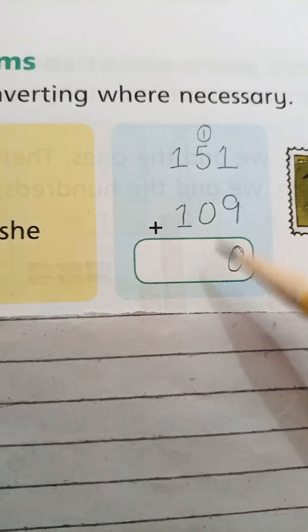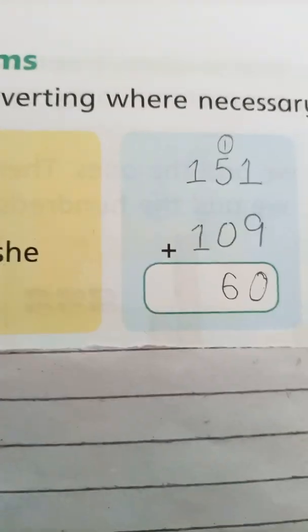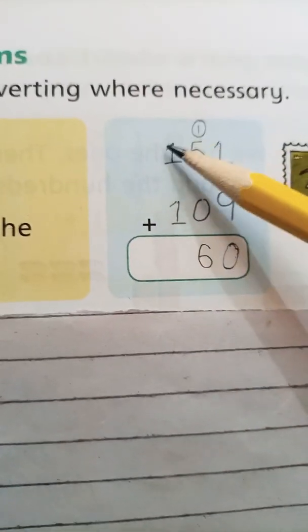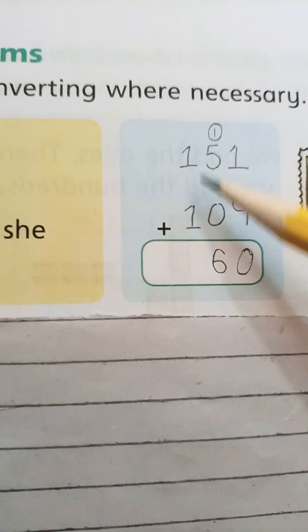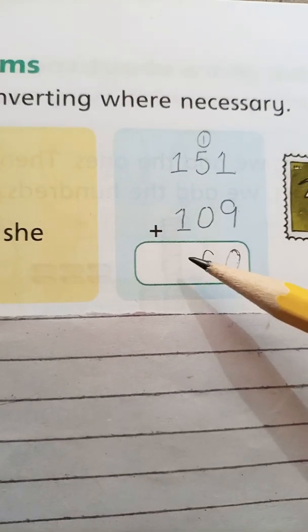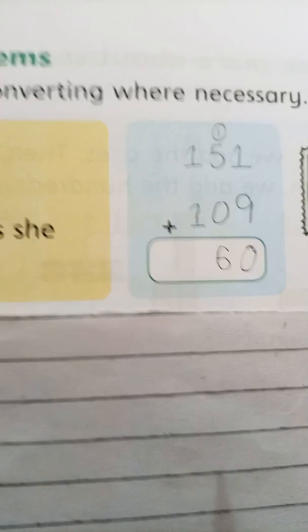Now I will add the 5 and the 1. 5 plus 1 is equal to 6. So I will write the number 6 here. Next is the turn for the hundreds. In the hundreds, I have the numbers 1 plus 1. The answer will be 2. I will write the 2 in the hundreds column below this.